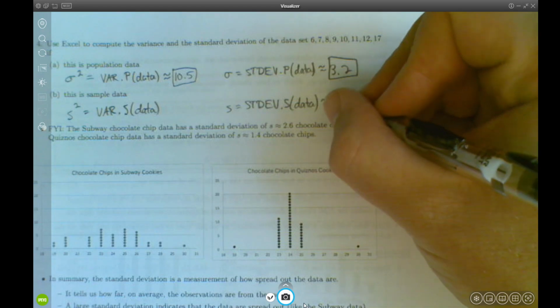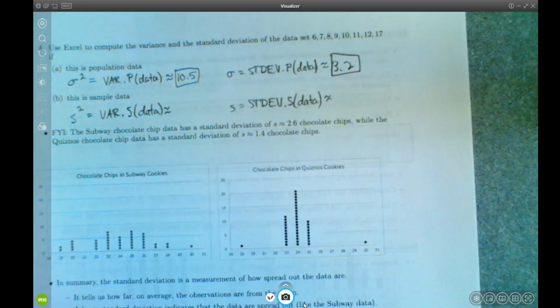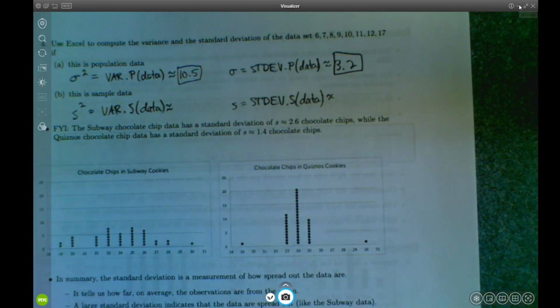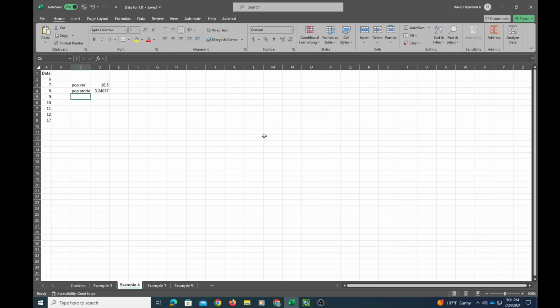Okay, so let's see about how much these are. So the sample variance is going to be equals var.s of the data set.